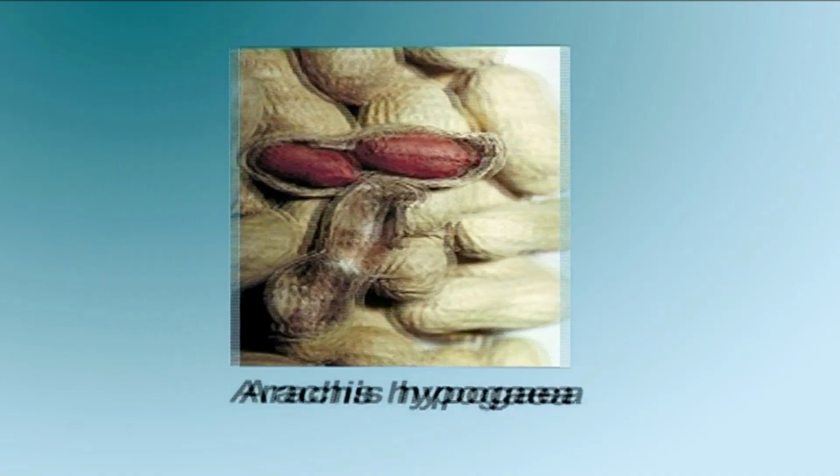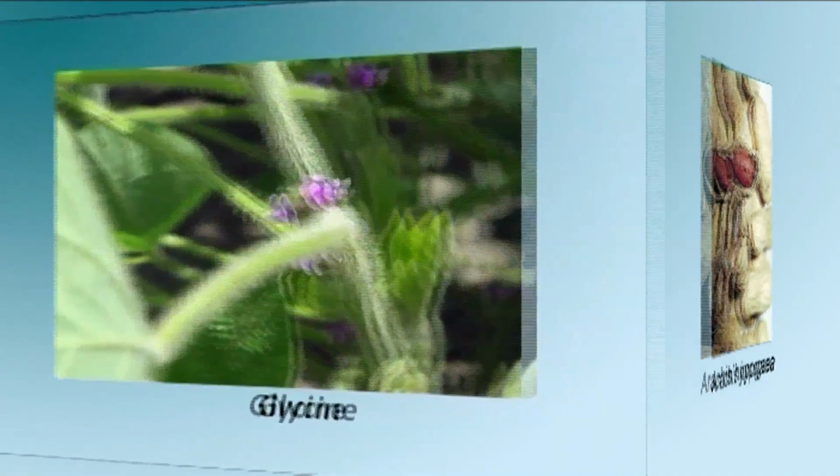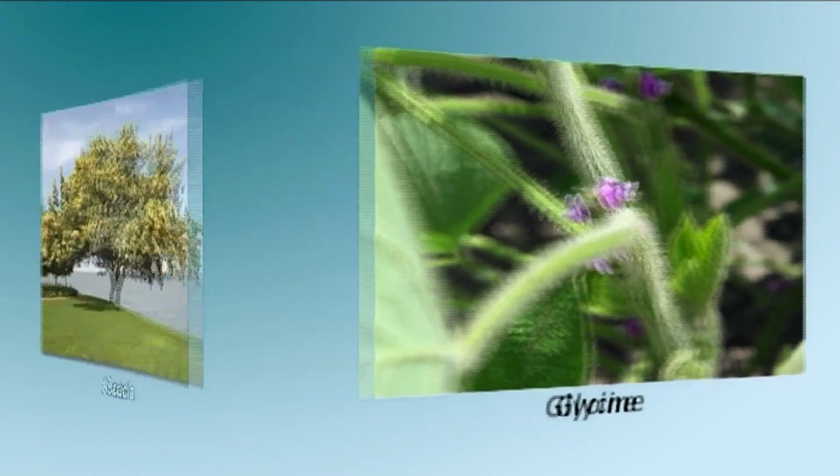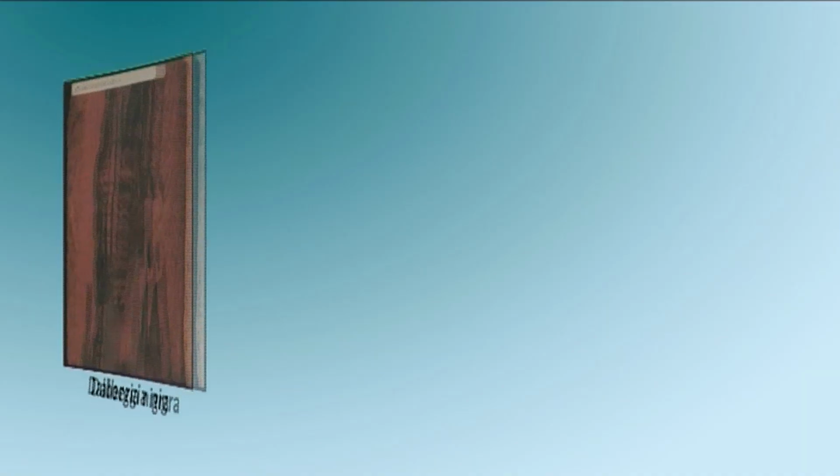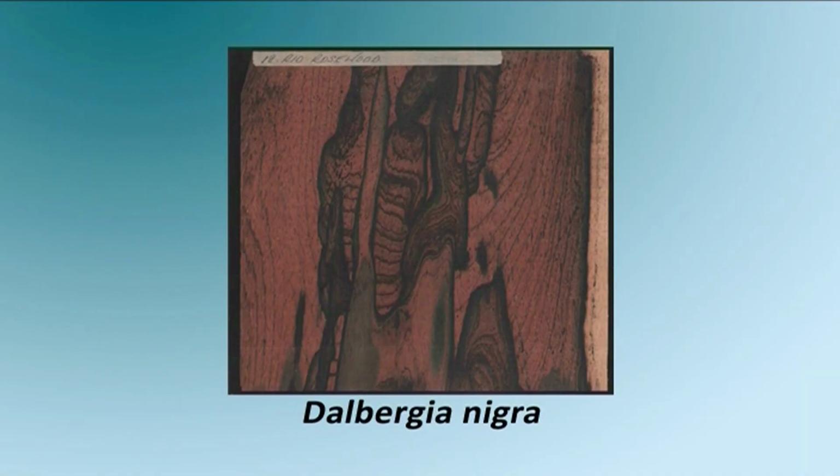Oil yielding plants are species of Arachis, Glycine, Acacia, etc. Some of the members are prominent sources of lumber and expensive woods, for example, Brazilian rosewood, Dalbergia nigra.